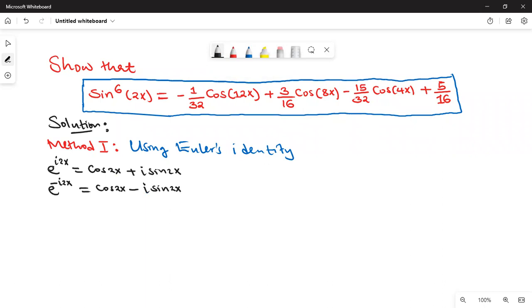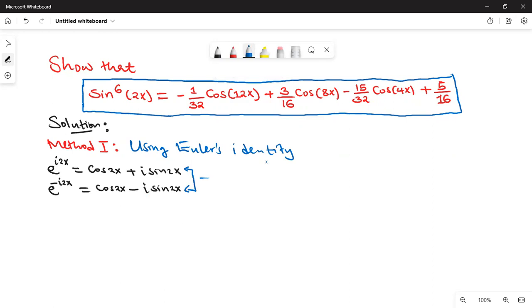I want to make sine 2x the subject, so what I'm going to do here is subtract the two equations because I need sine 2x. I need to know what sine 2x is in terms of the exponential function.